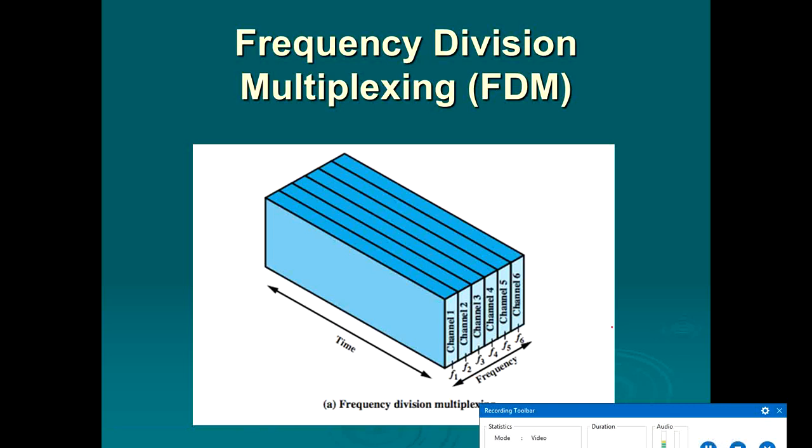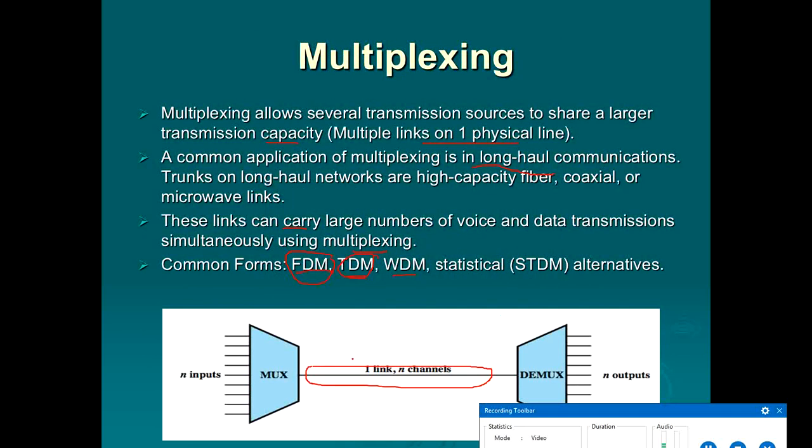Alright, before going ahead, one more point I would like to mention. When we talk about multiplexing, that means we are combining the signals according to some parameters. Frequency division multiplexing means multiplexing is done based on the frequency of the signals. So signals carrying different frequencies are combined together.